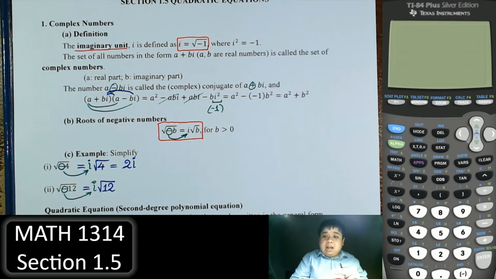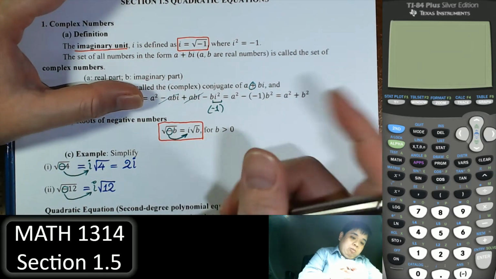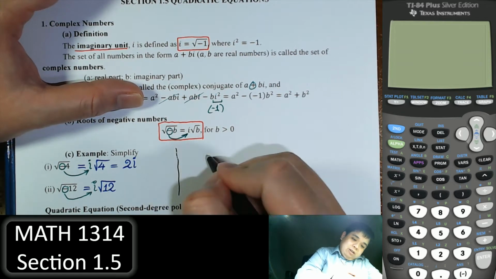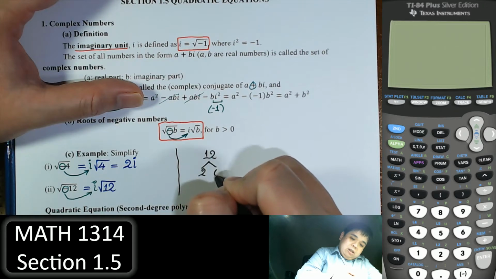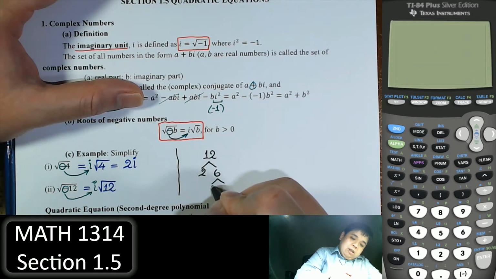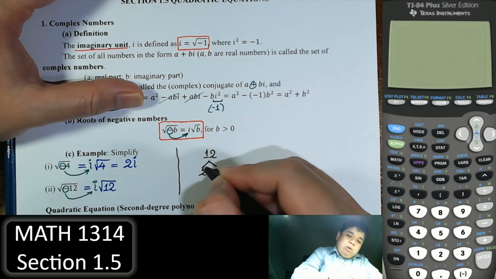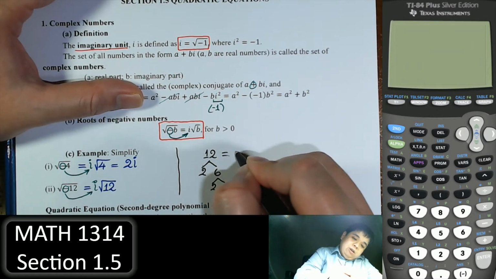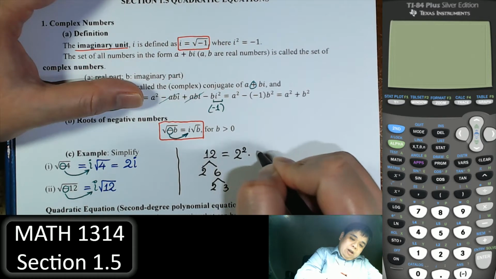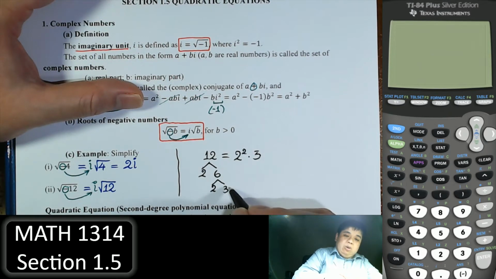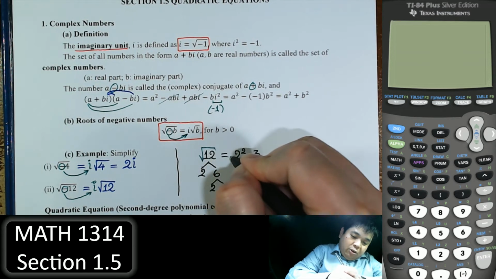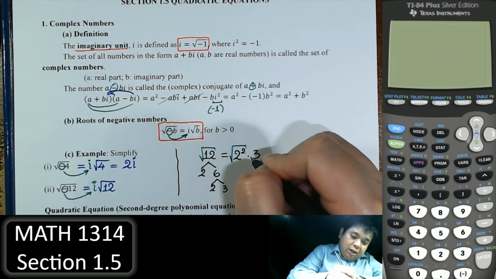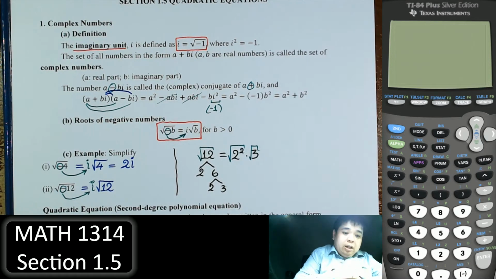Of course we can leave it like this, but we can do the prime factoring of 12. 2 times 6, 2 times 3. So 12 has two 2s and then a 3. After that, the square root of 12 is equal to the square root of 2 squared times the square root of 3. The square root of 2 squared is the square root of 4, which is 2.